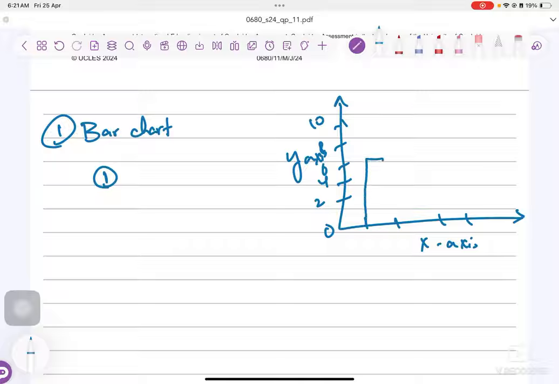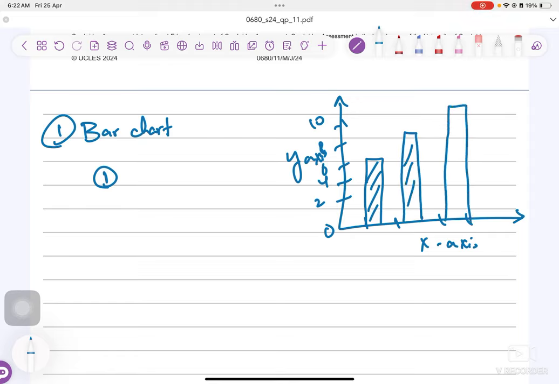You've got your bars at equal distances. And they might ask you for a key. If we're talking about births, for instance, you can say birth is like that, and death is blank, so you can do it like this.